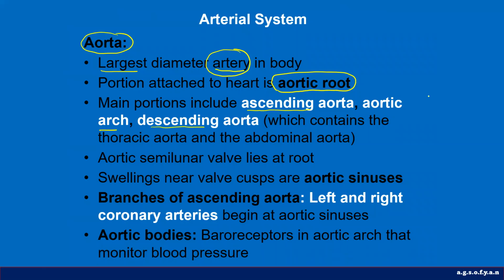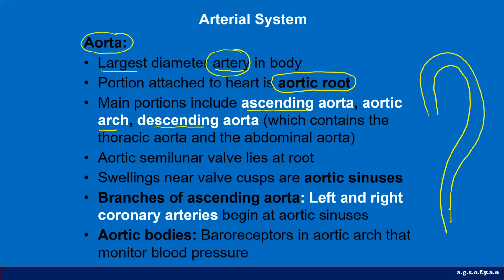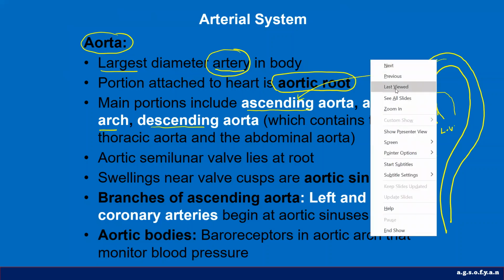So if we make a picture, it's going to be like this. Okay, so it's coming from the heart, and this is coming from the left ventricle, right? So this part over here is called the ascending aorta. The arch is called the aortic arch.